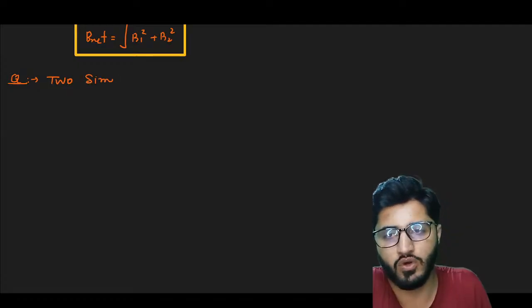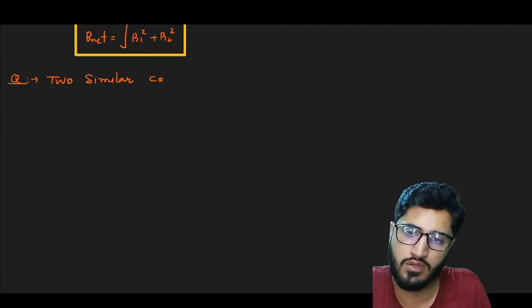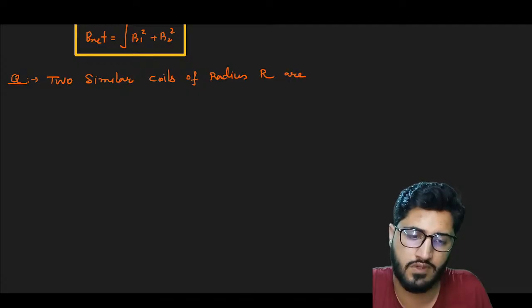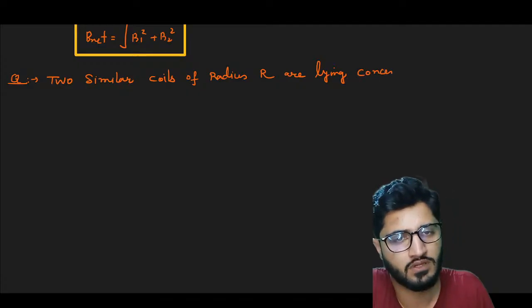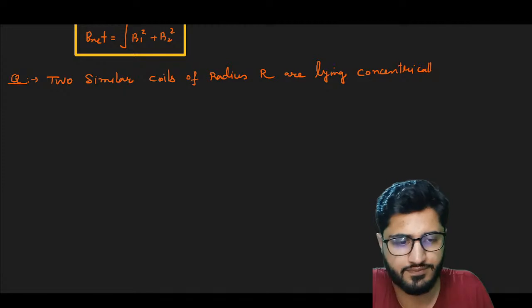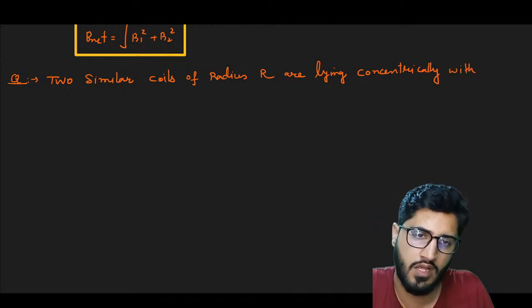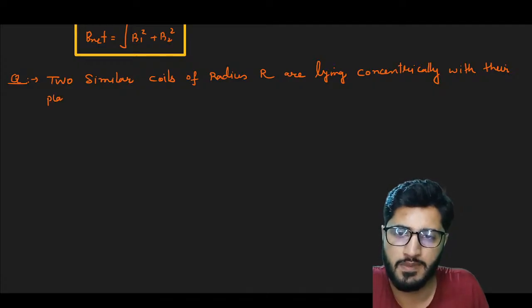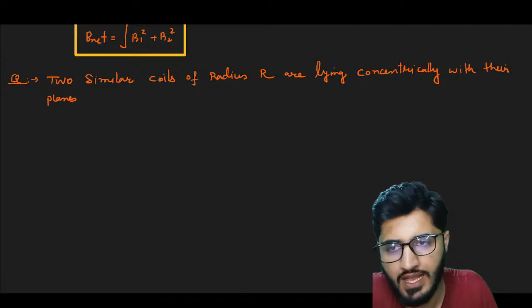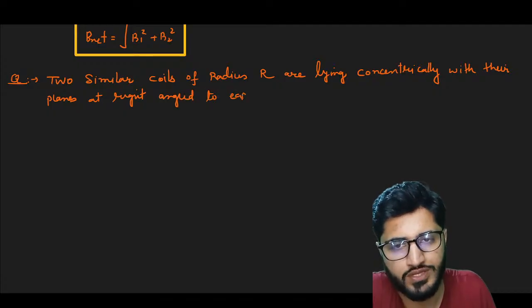Two similar coils of radius r are lying concentrically with their planes at a right angle to each other.